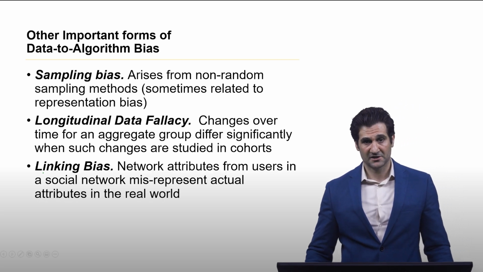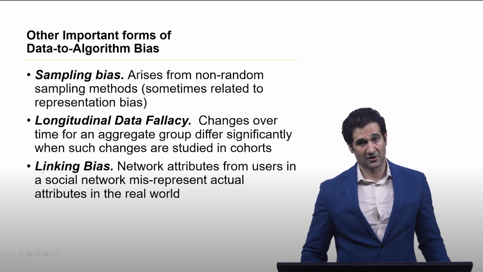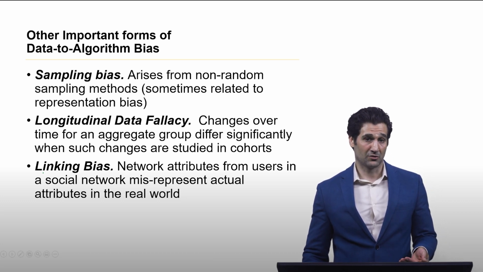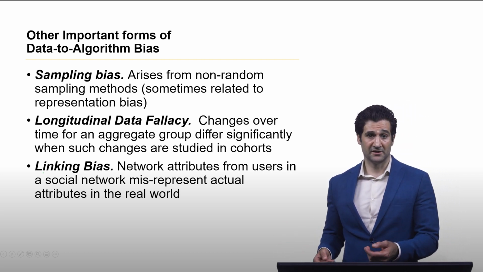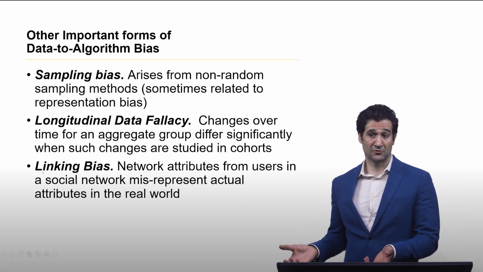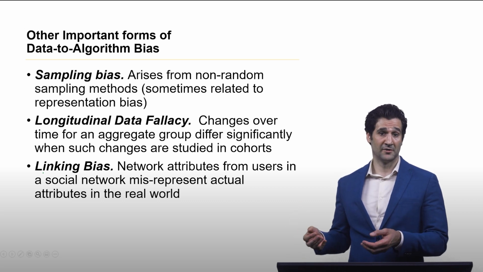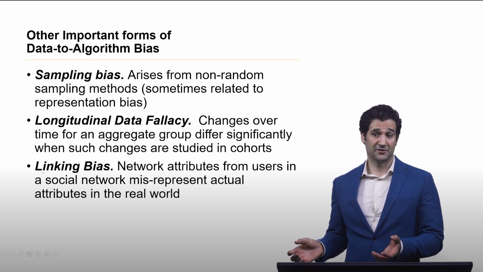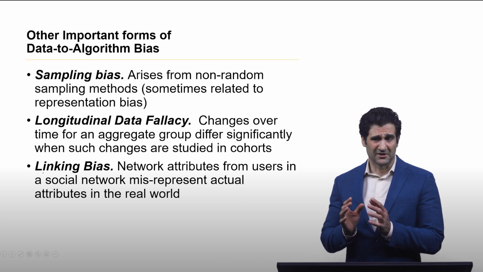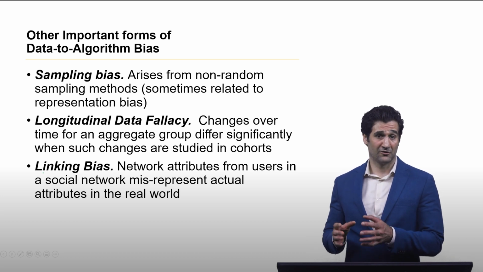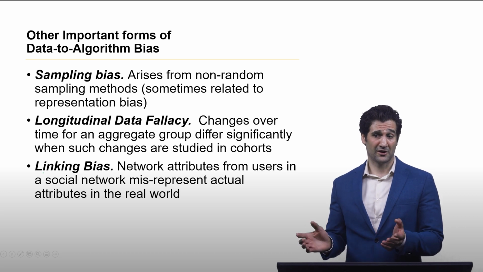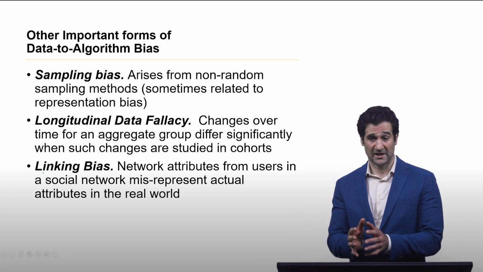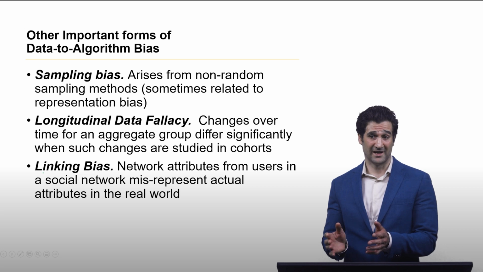And then linking bias deals with attributes in a social network that don't represent the real world. You could think of someone who uses a tool like LinkedIn as sort of a Rolodex just to keep track of their contacts, and may over time gather hundreds or even thousands of connections, but is not truly an active user of that platform and hardly ever interacts with the vast majority of those people. They are just using it as a way to keep track of people they have met.